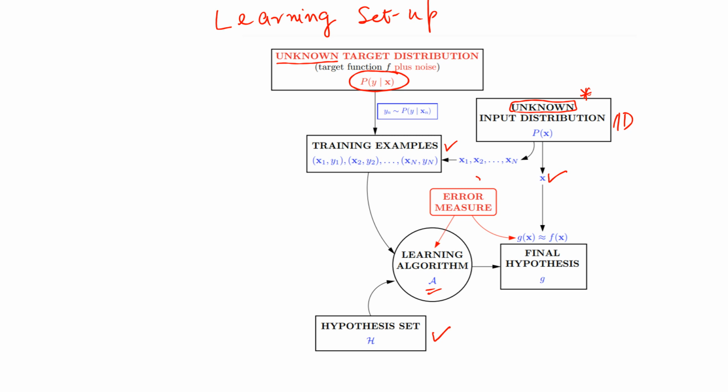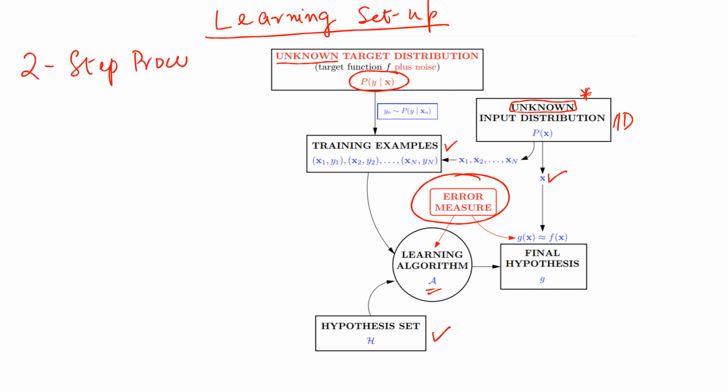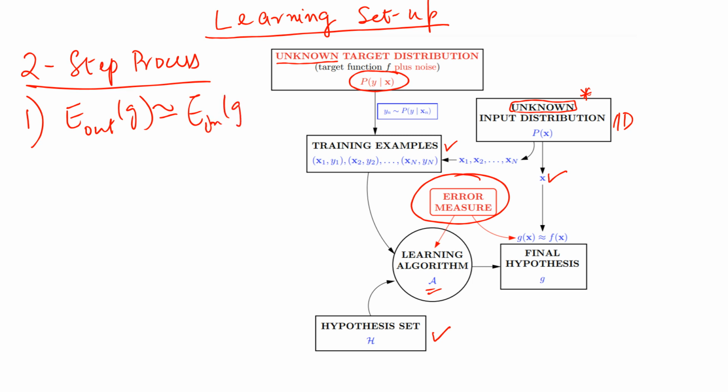Now coming to the error measure and how it is contributing to g of x and the learning algorithm? Well, the learning setup, as I said, is this entire process plus the two-step process. So let me again write that down. Plus the two-step process. The first one was E out of g is almost equal to E in of g.